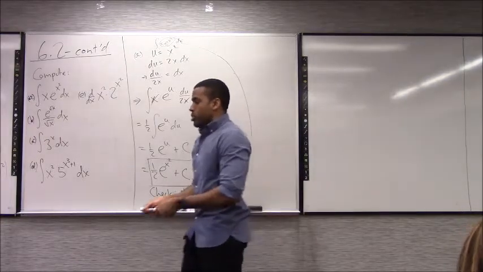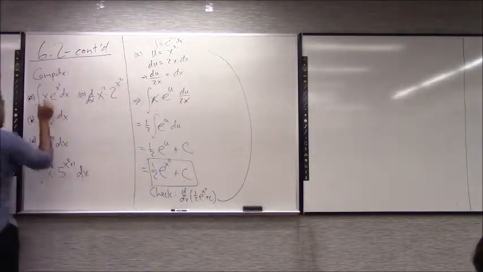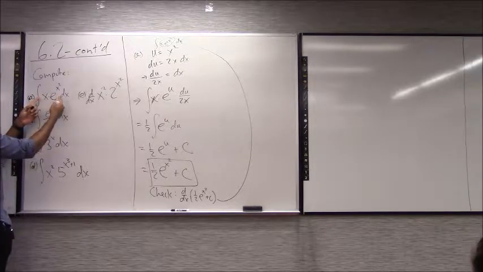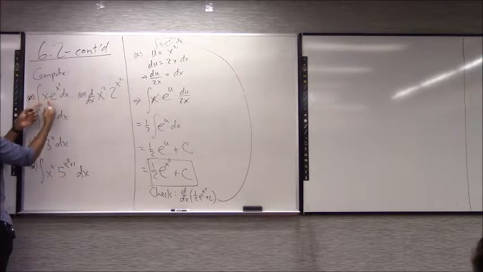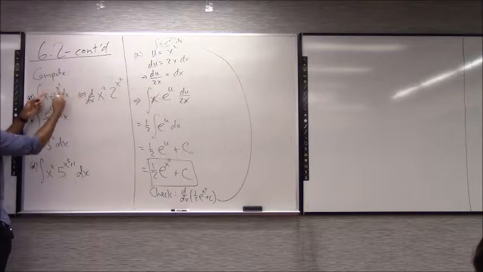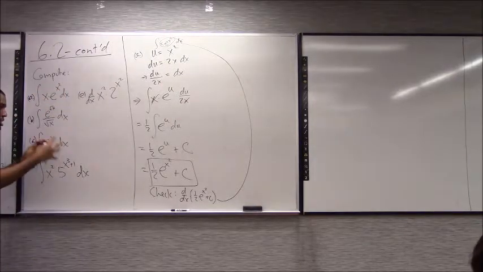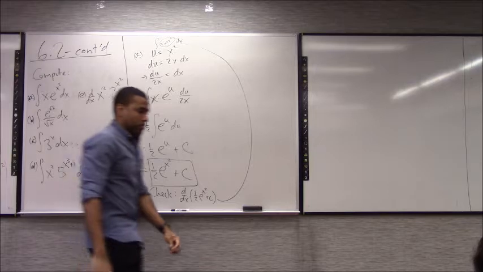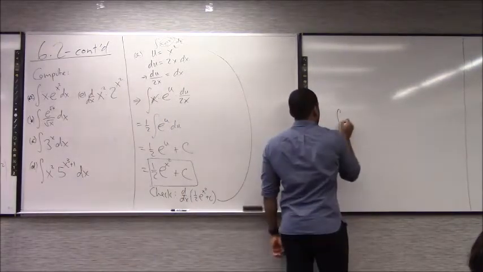What you do not want to do, remember, is that the integral of a product is not the product of the integrals. So if you start by integrating x separately and then integrating the other factor and try to stick them together, that would be wrong. In fact, what is the integral of this?